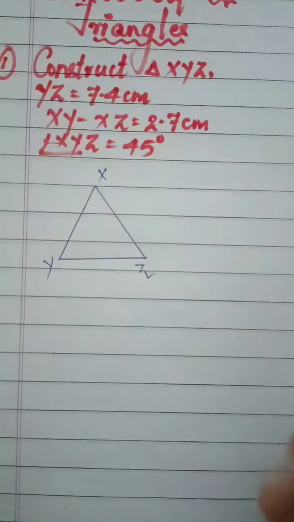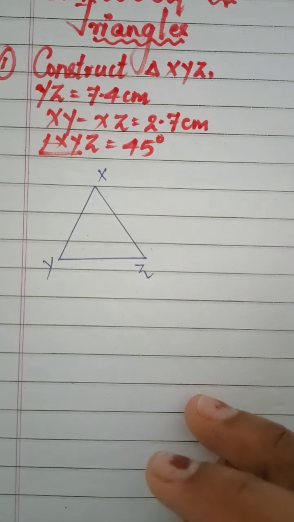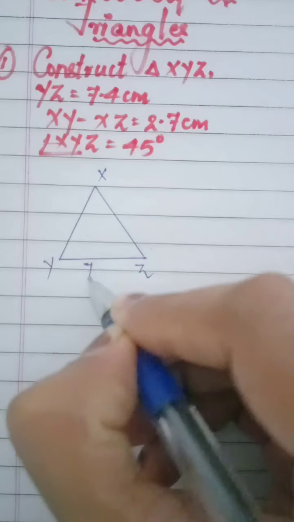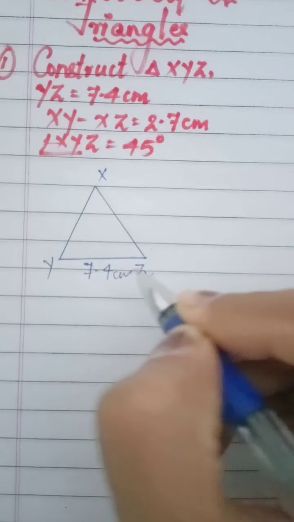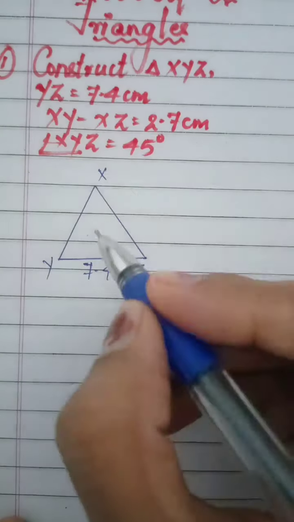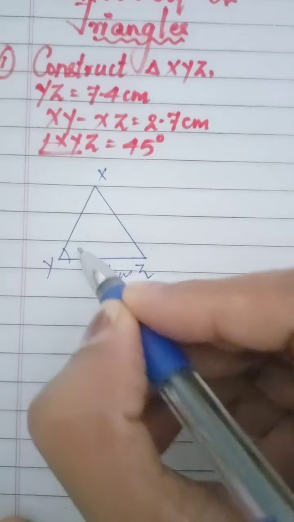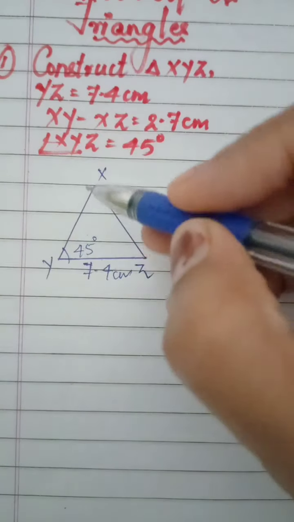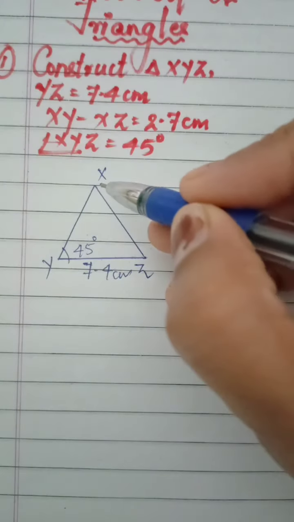In this triangle, now how to look into which method to follow. You have YZ given as 7.4 centimeter and angle XYZ is given as 45 degree, and you have the difference XY minus XZ.